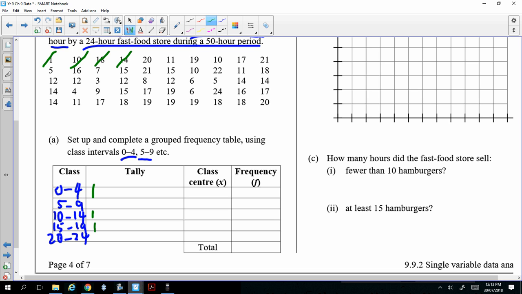14, this one. 20, this one. 11, this. 19, 10, 17. So you keep going until you finish. 21, and 5, 16.